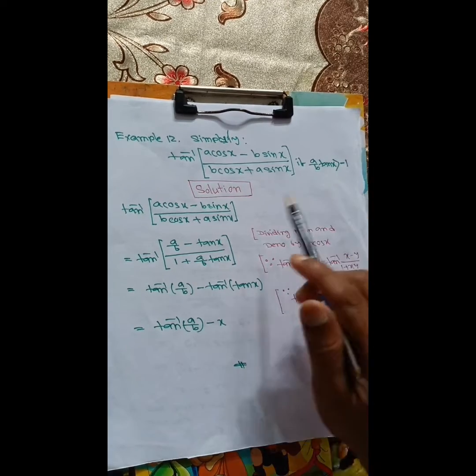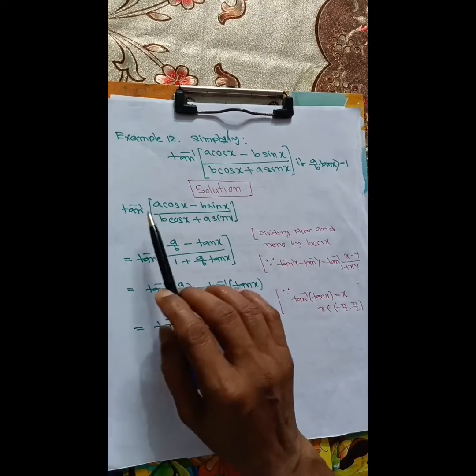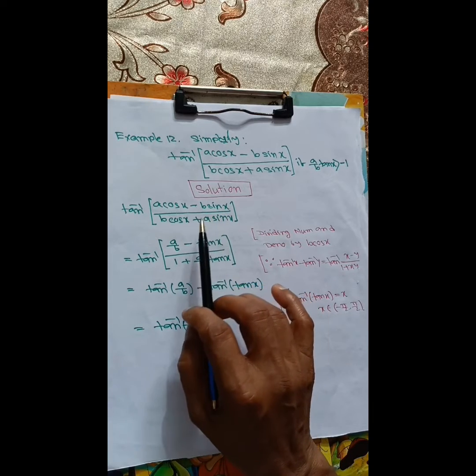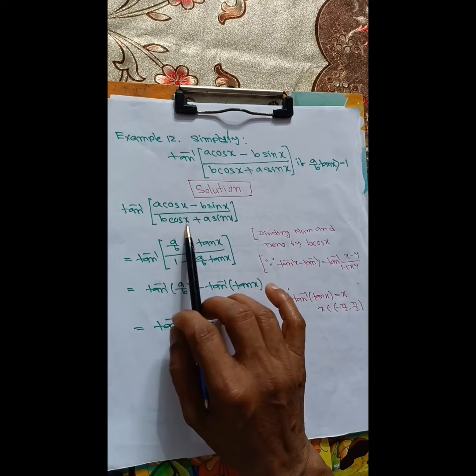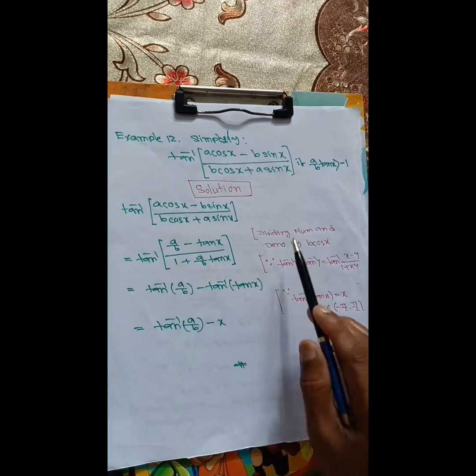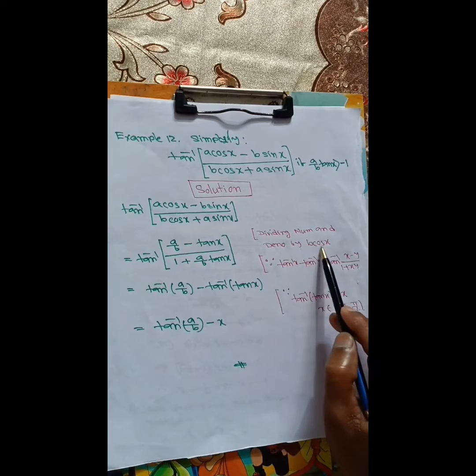For the solution, look carefully. Now we apply this, dividing numerator and denominator by b cos x.